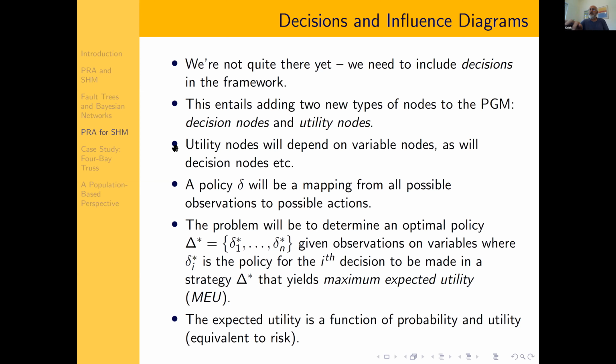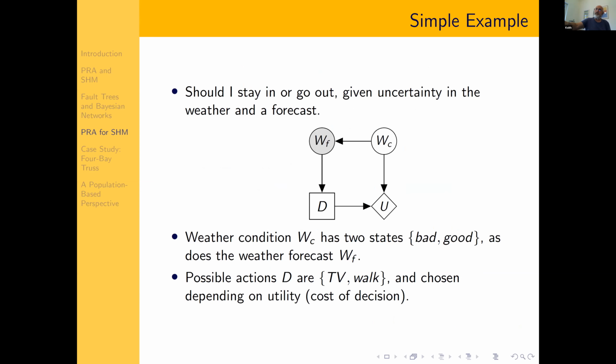And a policy will be a way of processing all of this data from all of these things to yield a decision, an optimal decision. Okay, and that decision will be chosen to minimize risk, or to maximize utility. These are the same things.